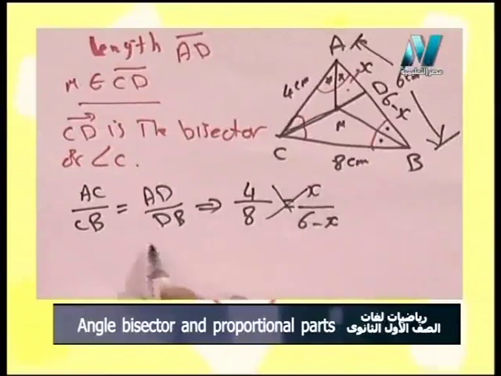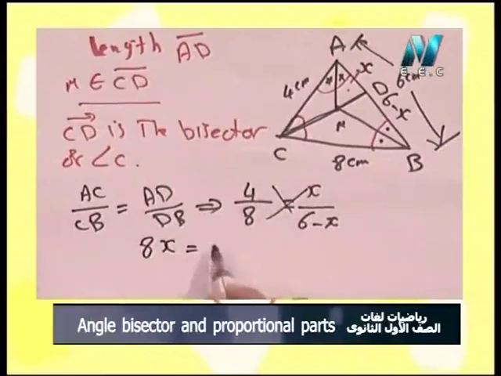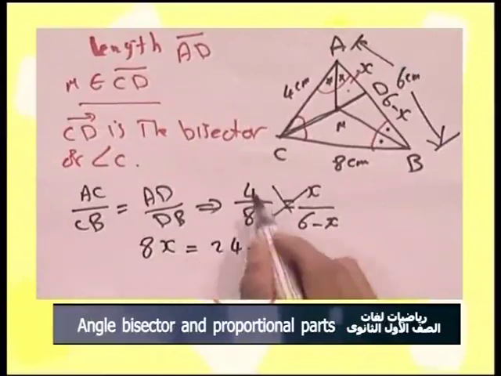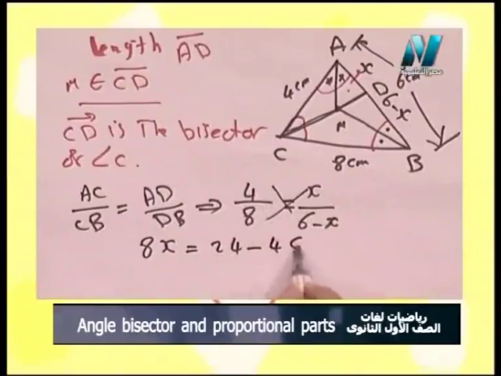8 times X equals 8X, equals 4 times 6 equals 24 minus 4 times X equals 4X, and we can transfer negative 4X here.